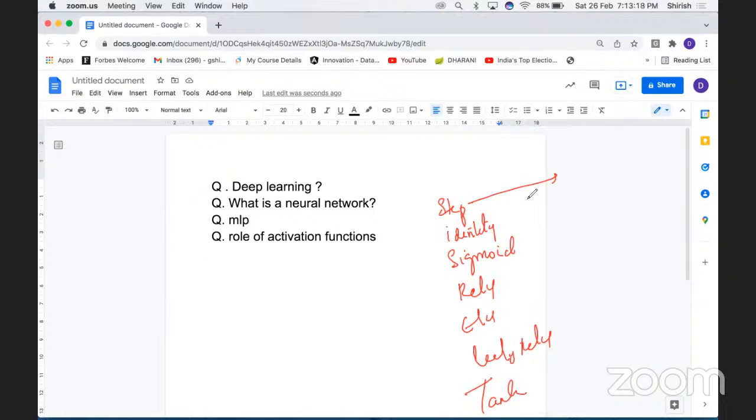These activation functions change depending upon your different business problems. It cannot be the same. When you are using multi-class, or numeric prediction, or binary, your activation functions and loss functions change accordingly.